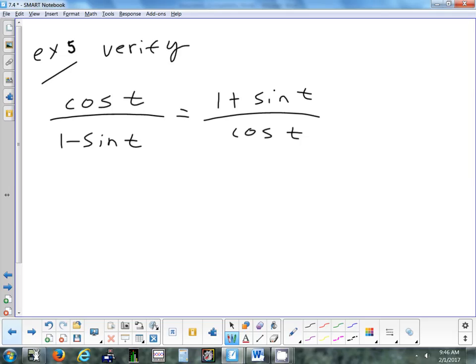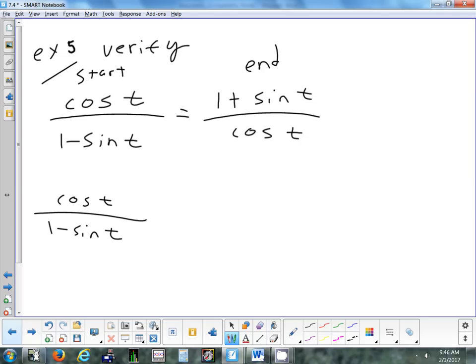So which side do you guys want to start with, left or right? Left. So we're going to start here, and we're going to end here. The goal is to show how to do that. So let's take this. And what I do is I run through all the different tricks in my head.